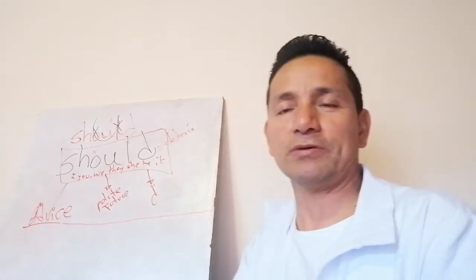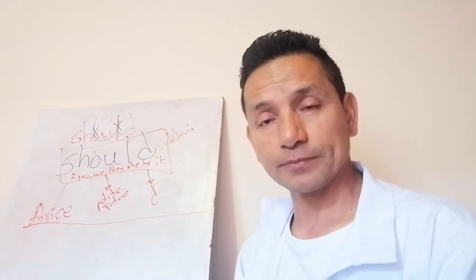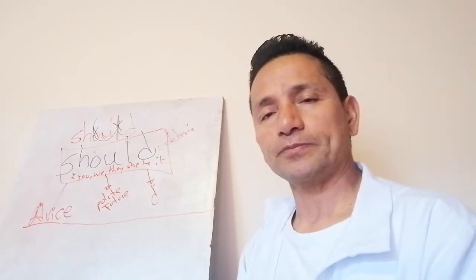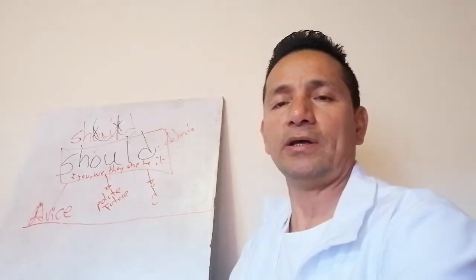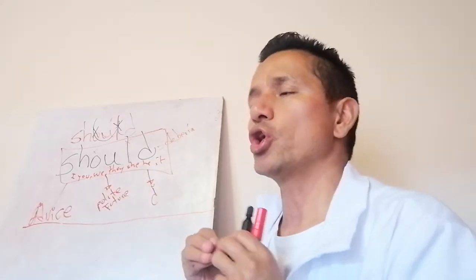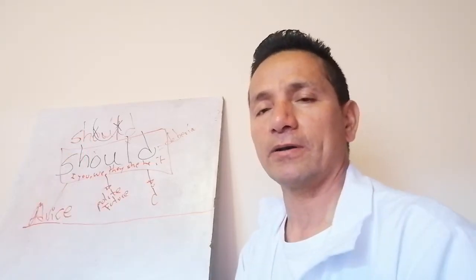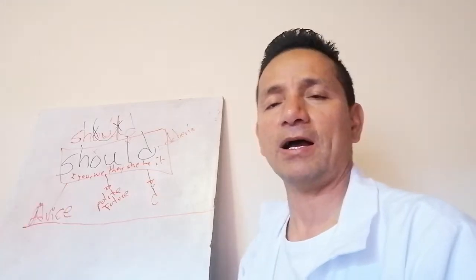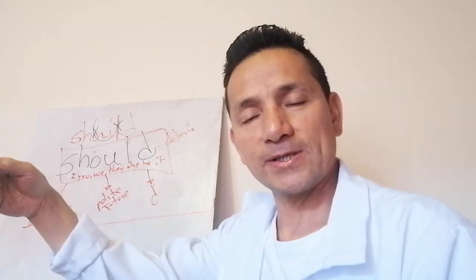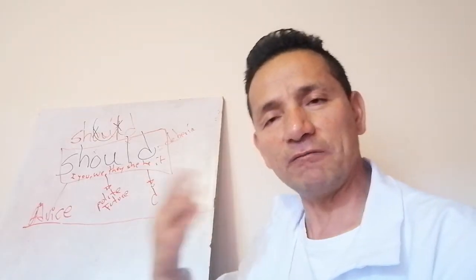So you are going to give me an advice, un consejo. For example, you should save money in the bank. Tú deberías guardar plata en el banco. You should save money in the bank. Okay? An advice.